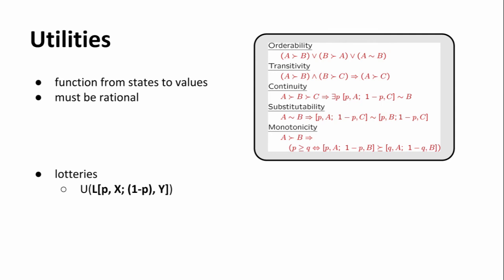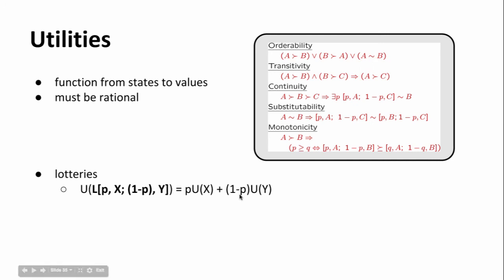Well, basically what the utility is going to end up being is a weighted sum of the probability of the outcome times the utility of the outcome. So for this simple example, our utility can be calculated as the probability of getting outcome X, P, times the utility of X, plus the probability of getting outcome Y, which is 1 minus P, times the utility of Y.